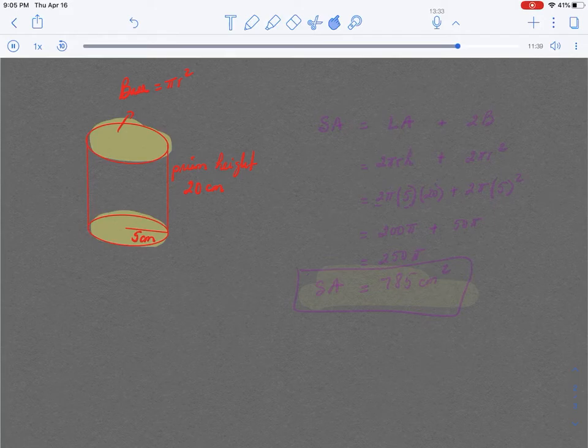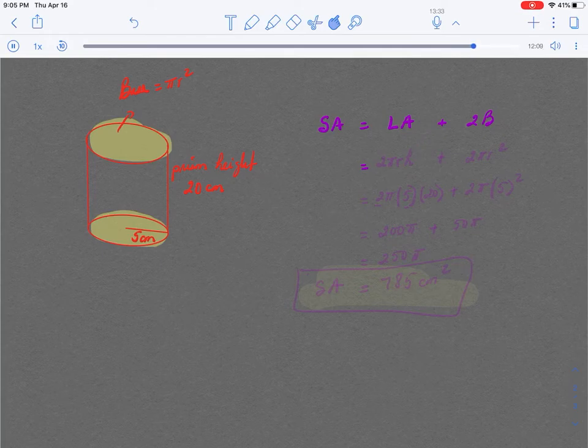My surface area of a cylinder is very similar to the other prisms, the triangular prism and rectangular prism. Later on, you're going to look at pentagonal prisms or hexagonal prisms. In circles, we're going to look at the circumference of the base.